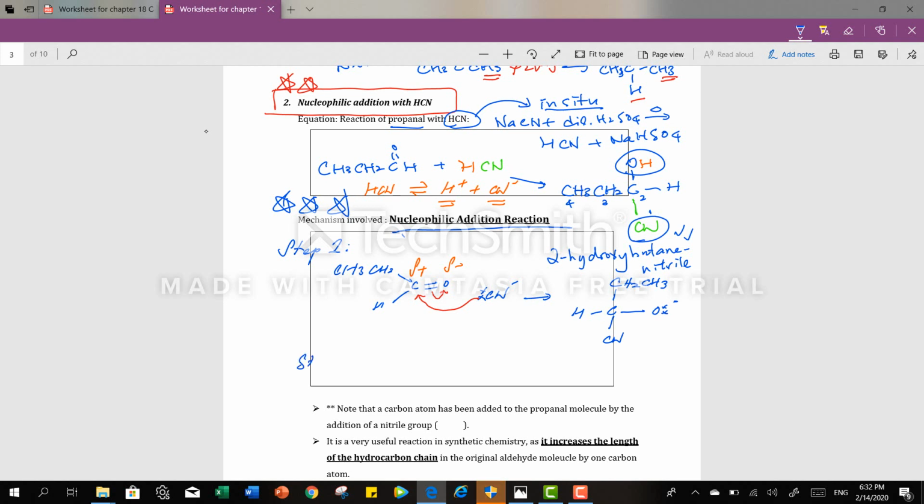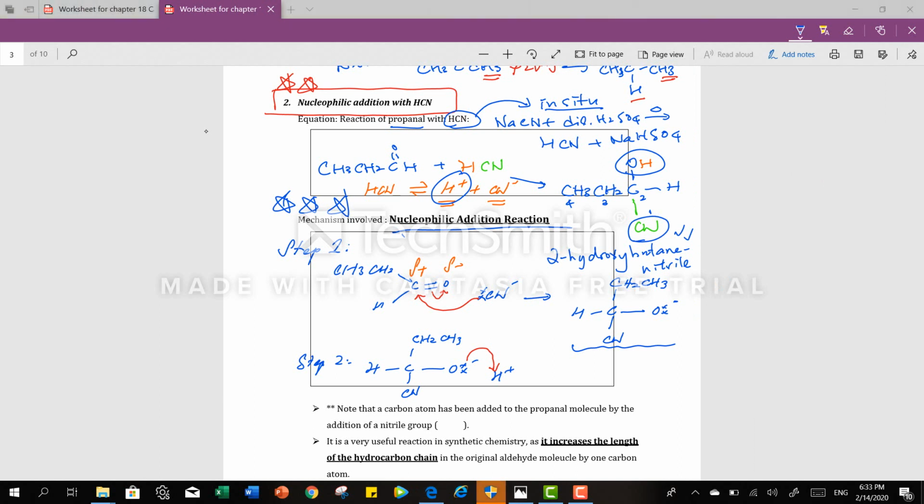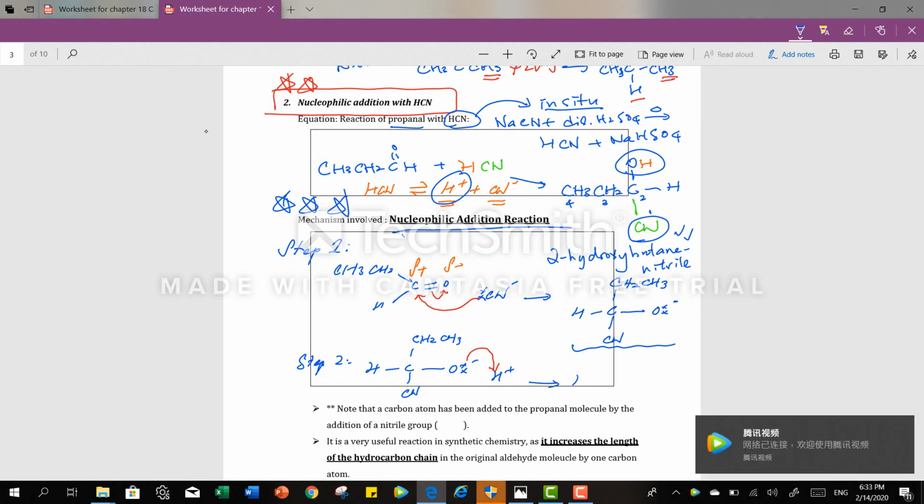And then the step 2 is very easy, which is this intermediate captures a hydrogen ion in water to form the product.